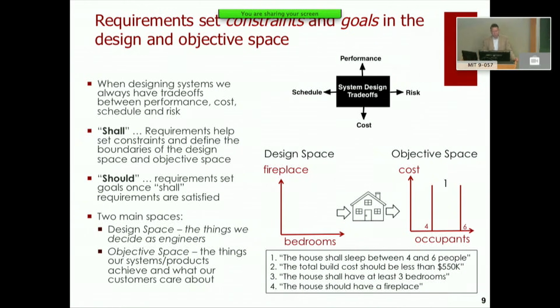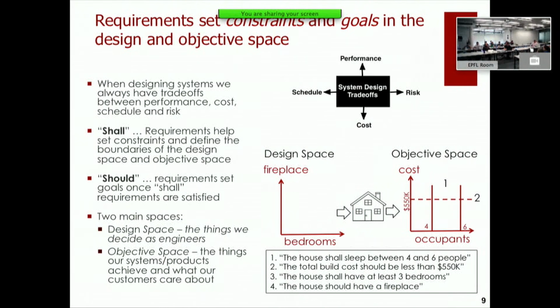The next one: the total build cost should be less than $550,000. Should be. What is that? A goal. Yeah, that's right. And is it in the design space or the objective space? Objective space. That's correct.